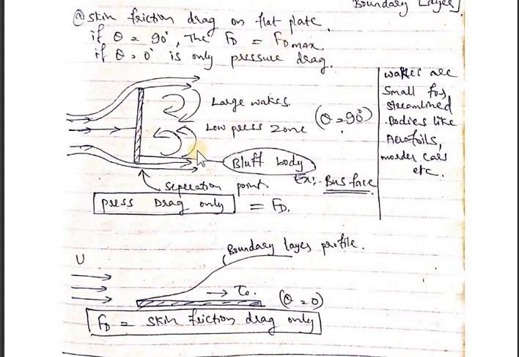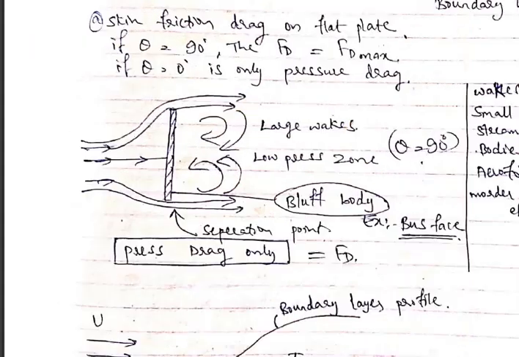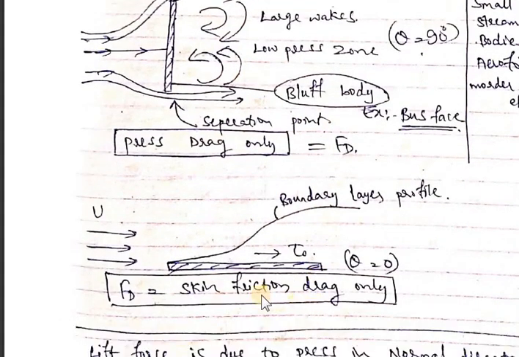Wakes are disturbances in the air movement, and they create a low pressure zone at the backside, which does not support the body in resisting the air movement. Bodies which have more resistance to the air movement we call bluff bodies. Bodies with very little resistance, like when theta is 0 and the plate is kept horizontal, where air resistance is very low, we call smooth bodies or flat bodies.